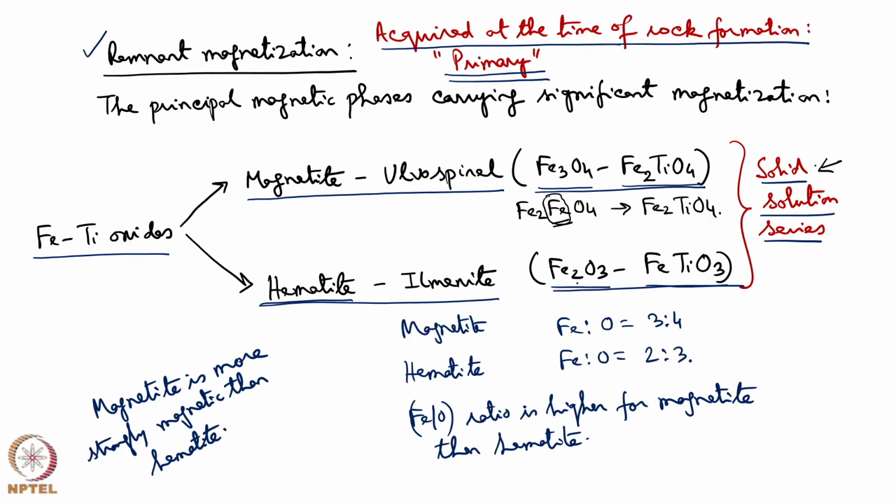Similarly, hematite Fe2O3 I can write as FeFeO3, and this one Fe can be replaced by Ti, but instead of 100% replacement, a partial replacement is also possible, and that is the meaning of the solid solution series. So, these are the principal magnetic phases within the rocks, and these are the mineral names.